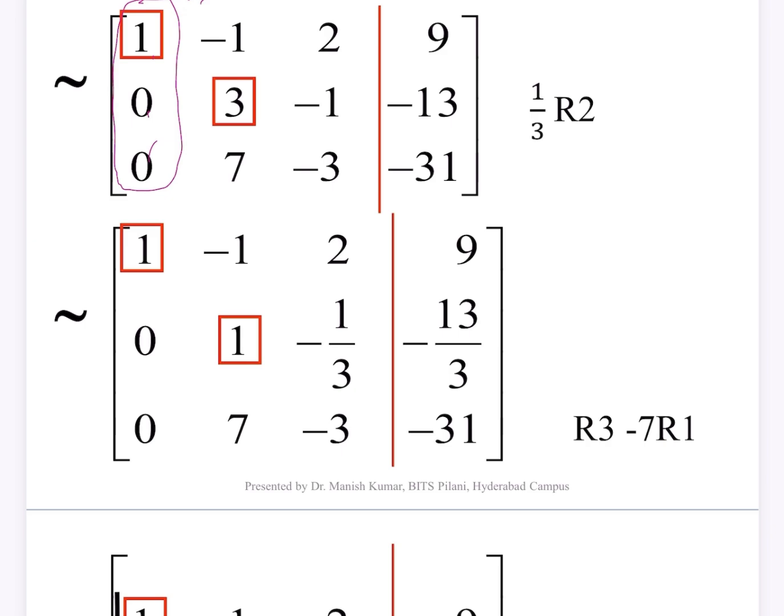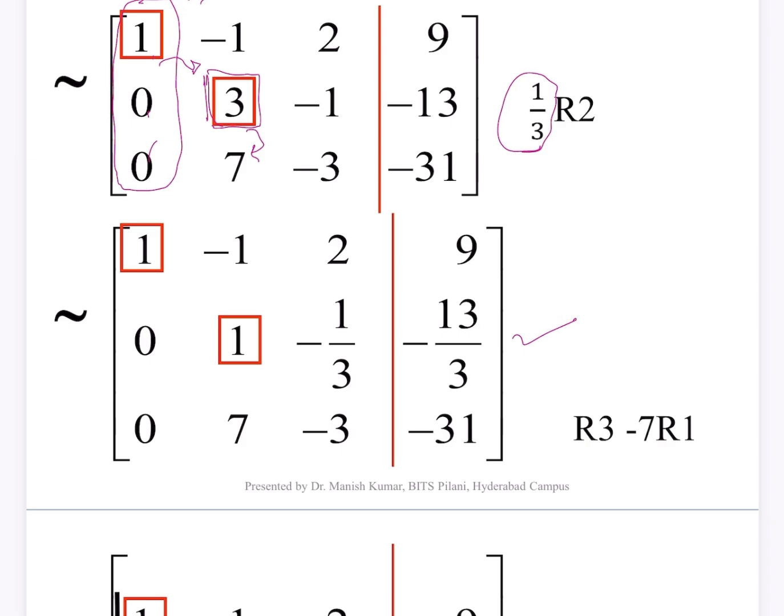Now we have to move to the next column and lower row. The next column, lower row has a non-zero entry. Yes, we can make it the pivot entry as unit element, and then we can make zeros below this pivot entry, right? So now if you see, we have to divide R2 by 3 to get 1, right?